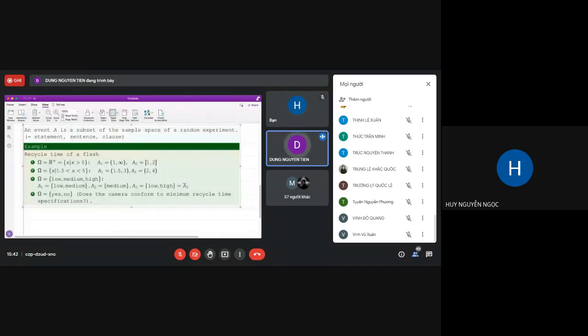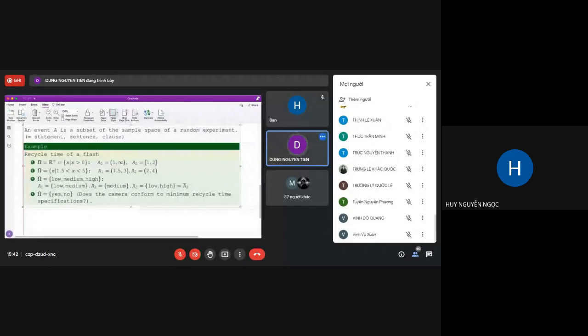And you can come up with some events. Event A1 is the interval from 1 to infinity. That is an event because it is a subset of the sample space. A2, the interval from 1 to 2, is also a subset of the sample space, and it is also an event.